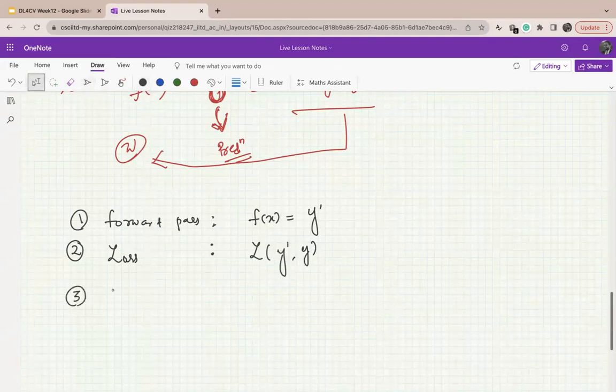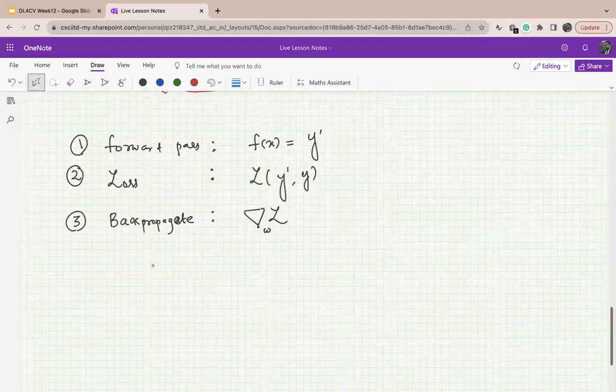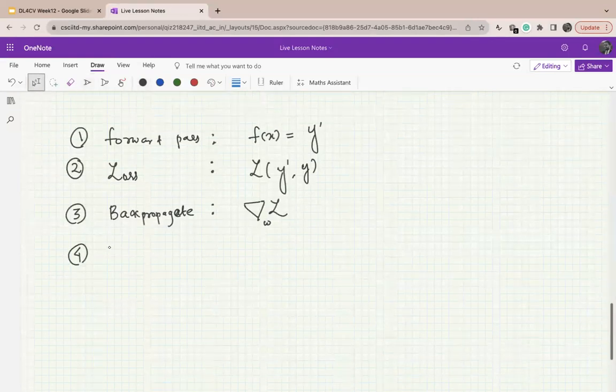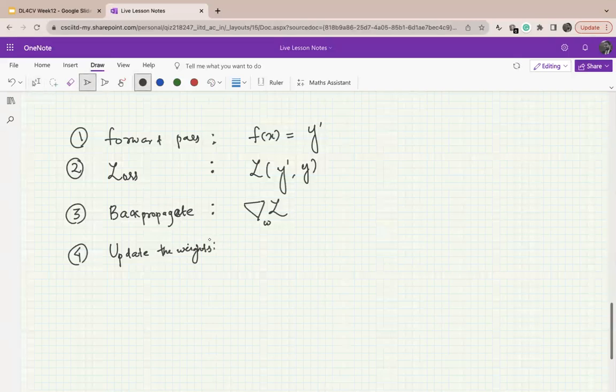And step 3 is back propagate. That means you are taking the gradients of the loss with respect to the W, okay? And the fourth is update the weights.